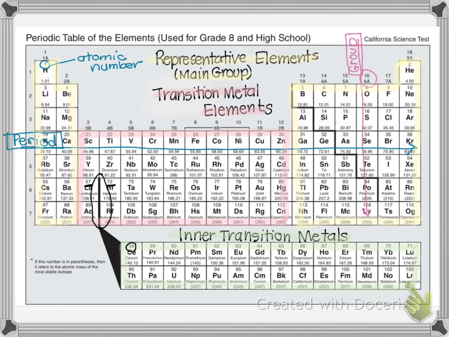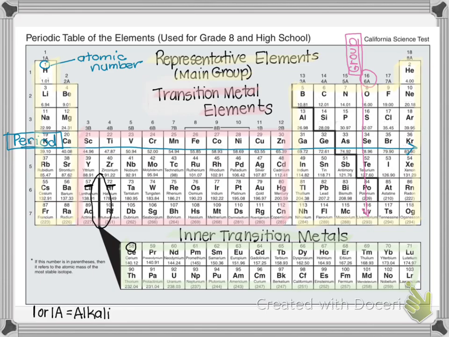Now, there are 4 groups that have their own names, and I'm going to write them along the bottom, and then I will color it in once we get going. So group 1 or 1A, it's the first group, is called the alkali metals.